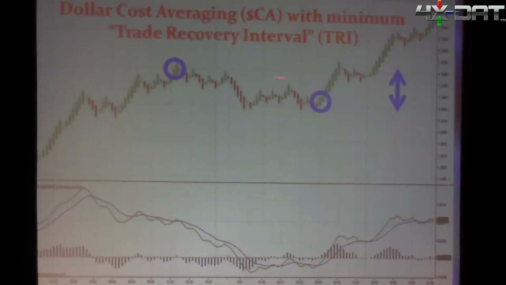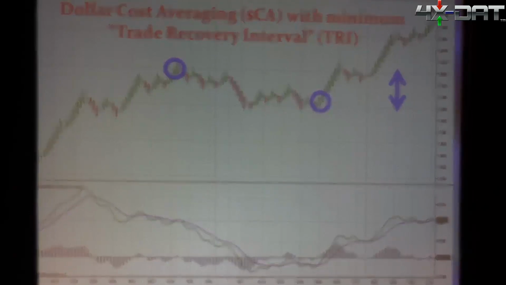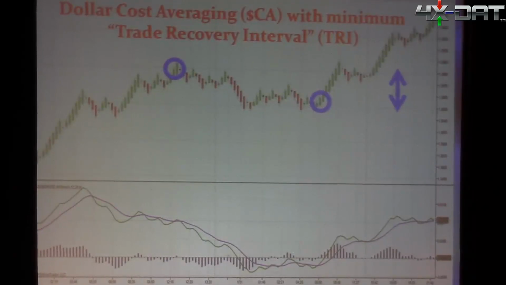At this point, you're in profit. Worst case scenario, you break even here, even if you had a terrible entry at this point.